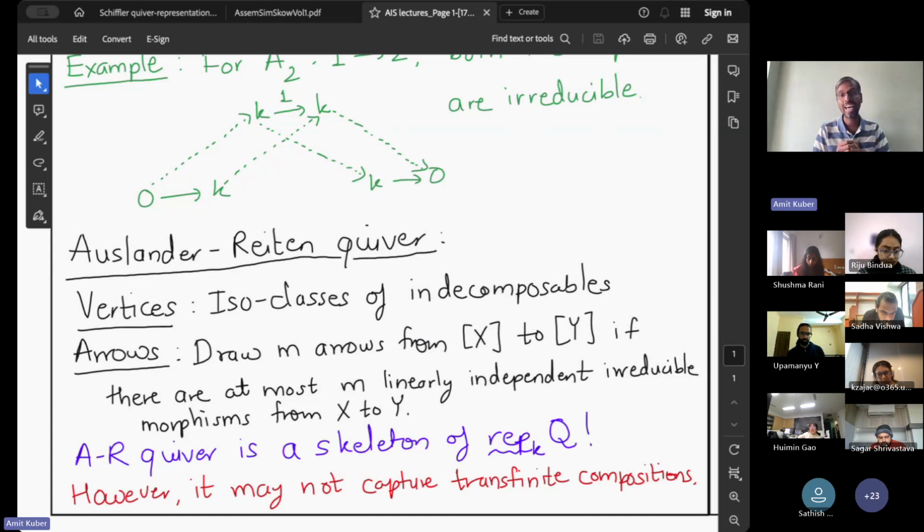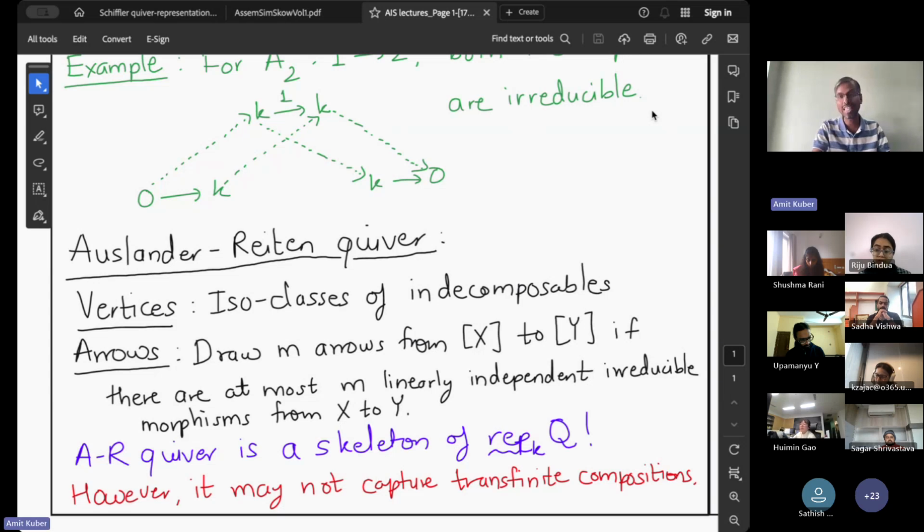If your quiver is of finite representation type, then we have captured the entire category rep KQ via this. I will explain how, but this skeleton basically encodes generators and relations for the module category. That's the idea behind this Auslander-Reiten quiver.